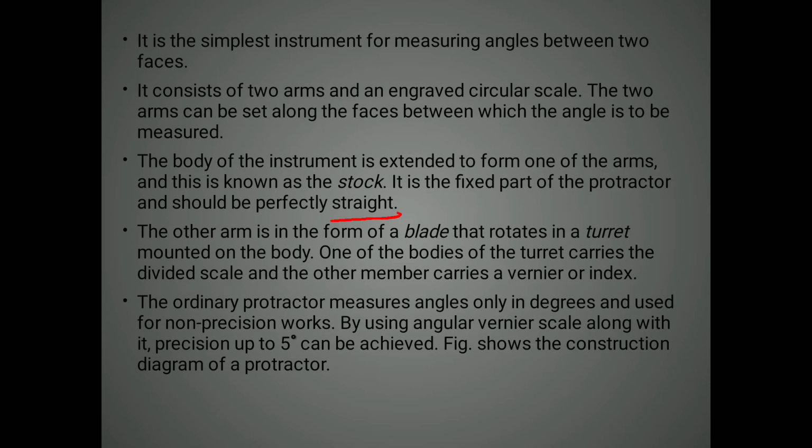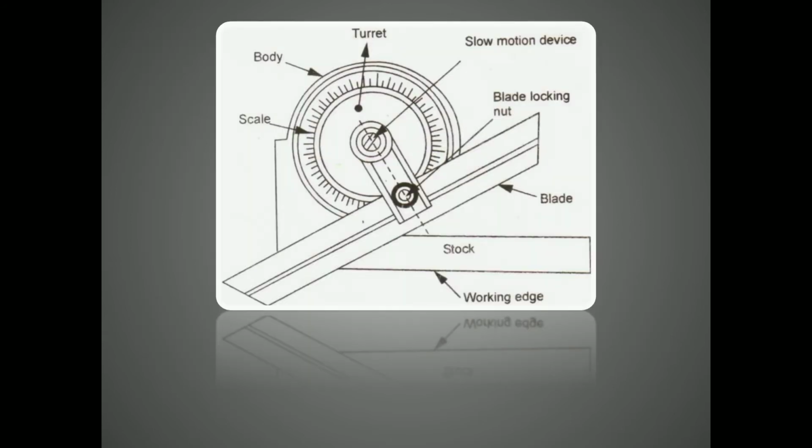Here in the next image you can see the turret carrying the other scale, and this groove shows the motion of the device. Then here is the scale; this is the stock, which is the working head, and this blade rotates with respect to the turret, and here is the locking nut adjustment.